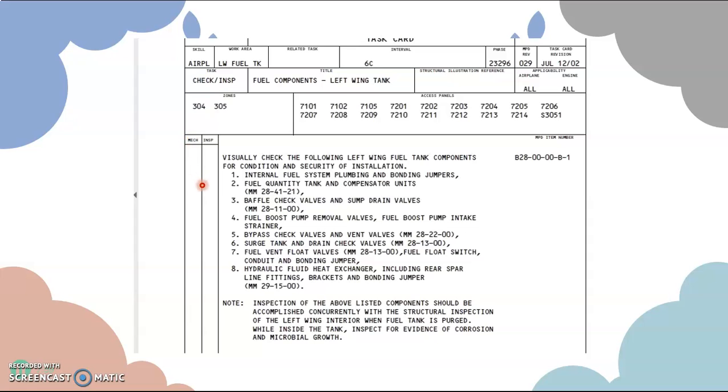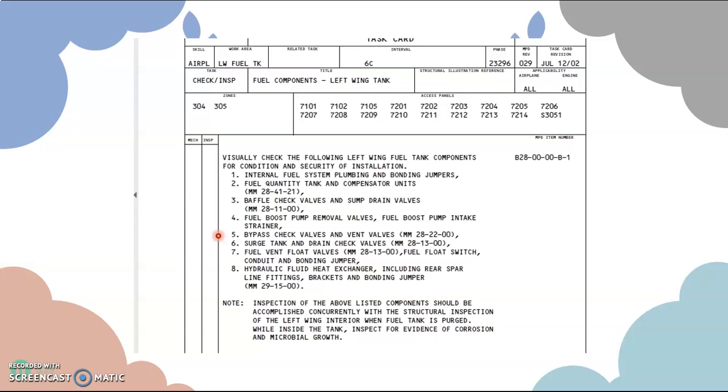So the components that we check in the left wing tank are: 1. Internal fuel system plumbing and bonding jumpers. 2. Fuel quantity tank and compensator unit. 3. Valve check valves and some drain valves. 4. Fuel boost pump removal valves, fuel boost pump intake strainer. 5.